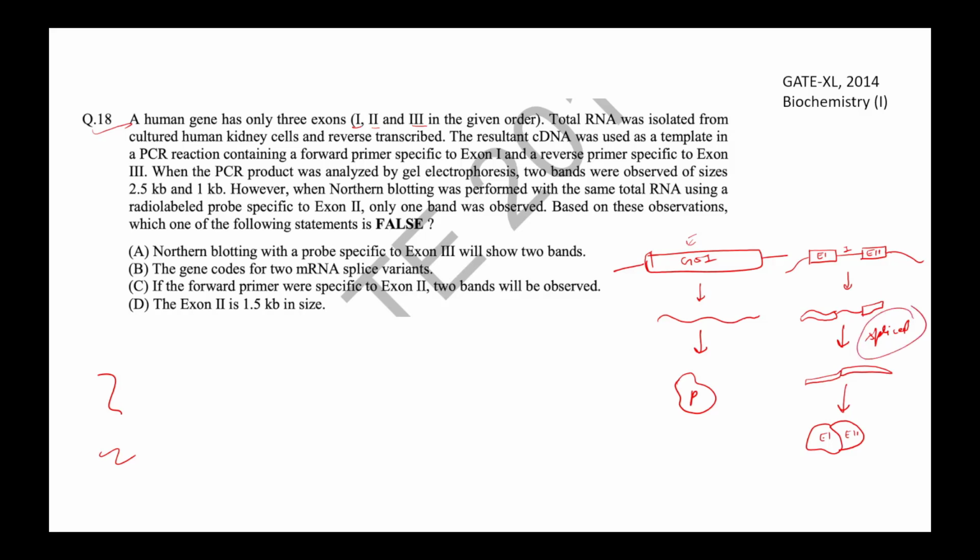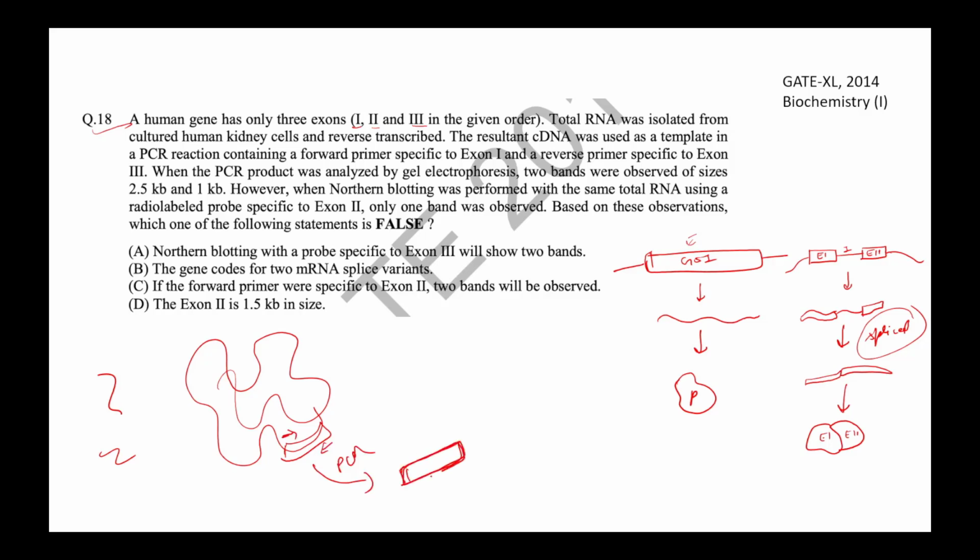Suppose we want to study a gene: we take the entire genomic DNA, and if our gene is present, we give the primer specific to that gene and amplify it using PCR to get many copies of our gene of interest. We further clone it in a vector and then use it in our study.